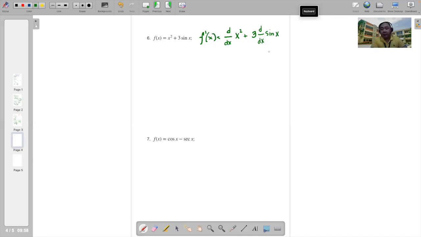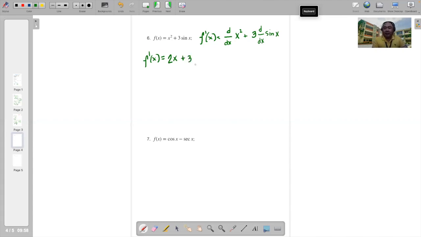Okay, so remember, we just used the previous rules that you have learned last week. Now, f prime x will be first the derivative of x squared, that we already know to be 2x, and then plus 3.